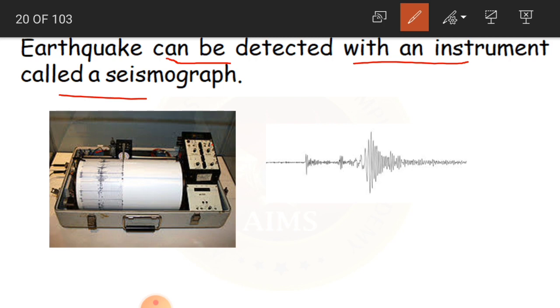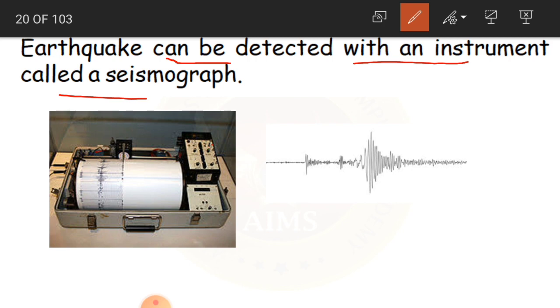The people who study weather report that at a particular place and in a particular time you will have rain or wind or this temperature, etc. In the same way, the scientists record or detect the earthquake.